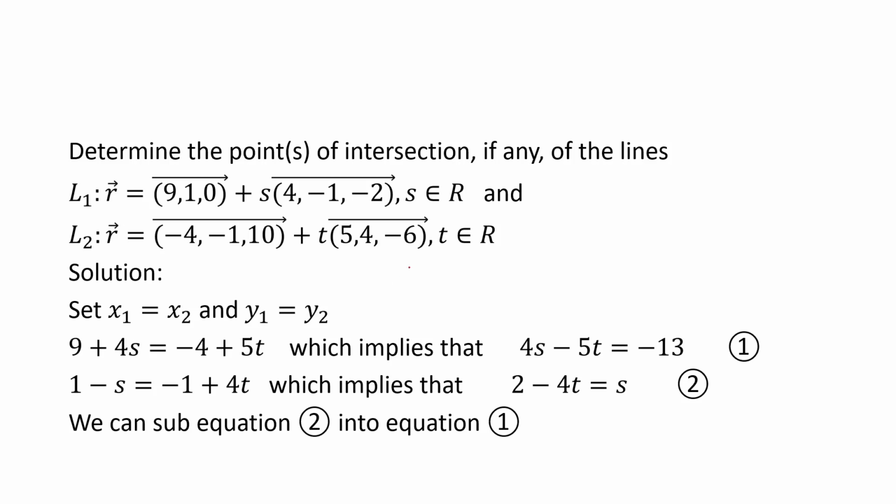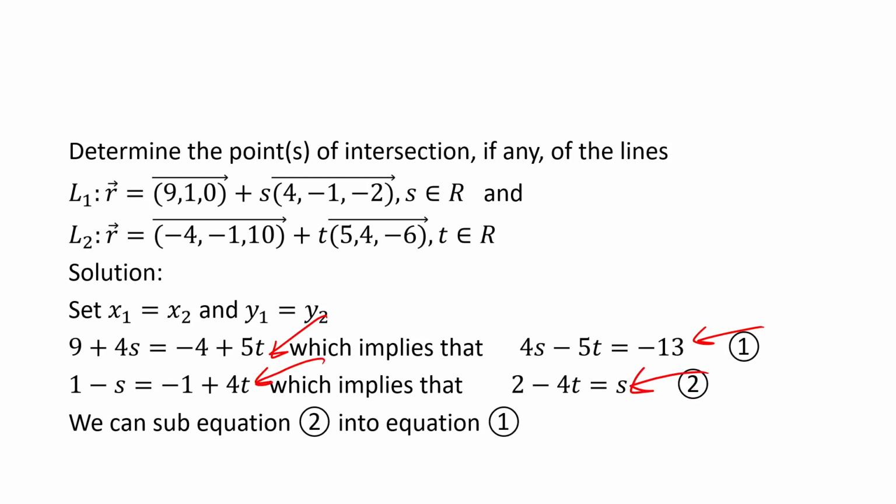So setting x1 equal to x2 means 9 plus 4s equals negative 4 plus 5t. And doing a little bit of simplifying, we get 4s minus 5t equals negative 13. Setting y1 equal to y2, we get 1 minus s equals negative 1 plus 4t. A little rearranging tells us that s is 2 minus 4t.